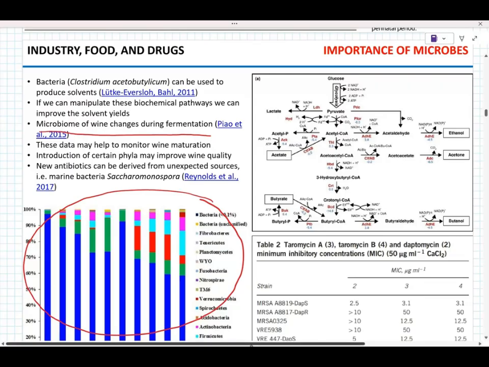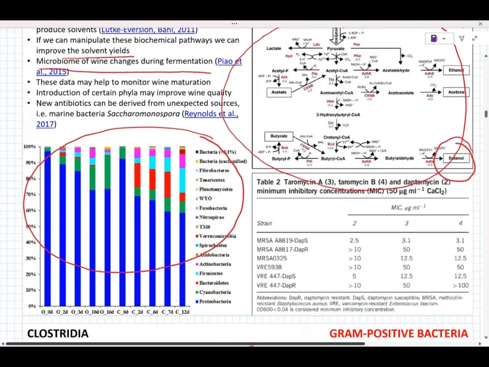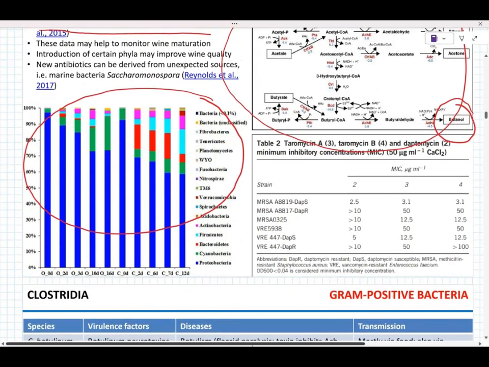This god-awful and very interesting chemical pathway here demonstrates that bacteria can be used to produce solvents or butanol, the kind of alcohol that can be used in cars instead of gas. It's still experimental. And bacteria, of course, since they have to compete with other bacteria, can produce antibiotics, chemicals that kill the competitors. Okay? All good, folks? Everybody?